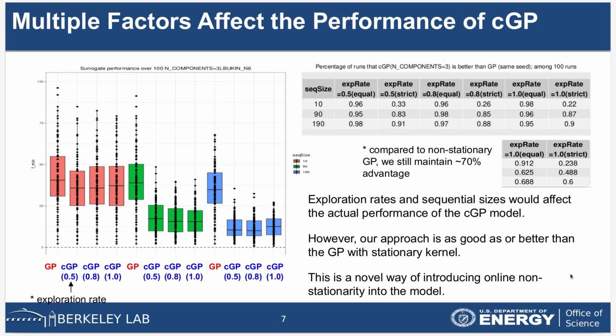Besides, our CGP model also gives you an innovative way of introducing non-stationarity into the model when the context is an online context. It's completely different from recursive partitioning like the tree model or random forest.